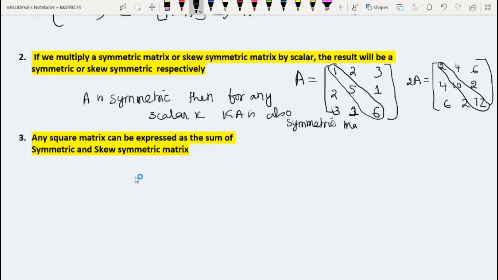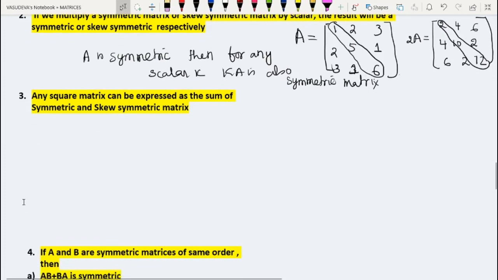Similarly, if A is a skew symmetric matrix, then for any scalar k, kA is also a skew symmetric matrix.